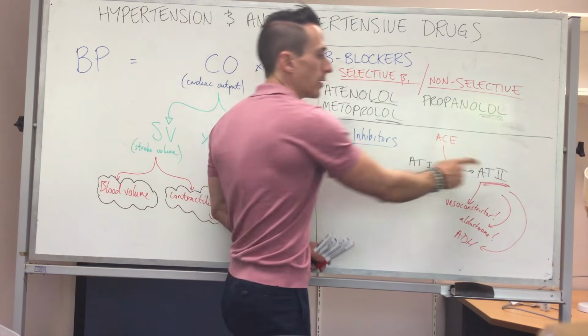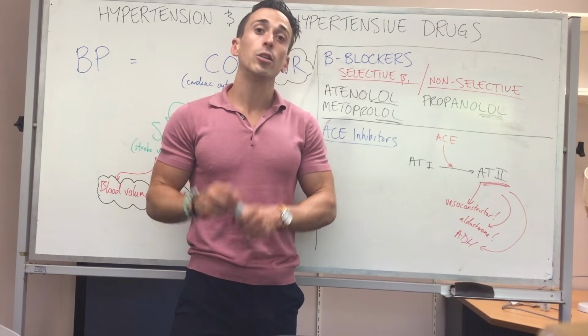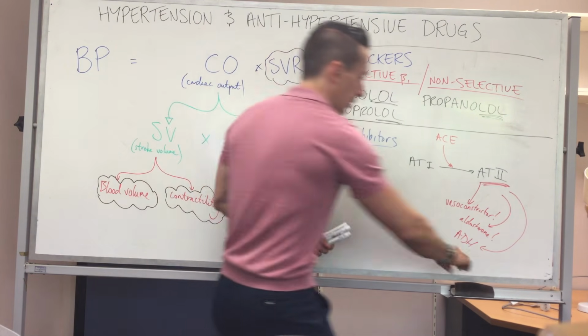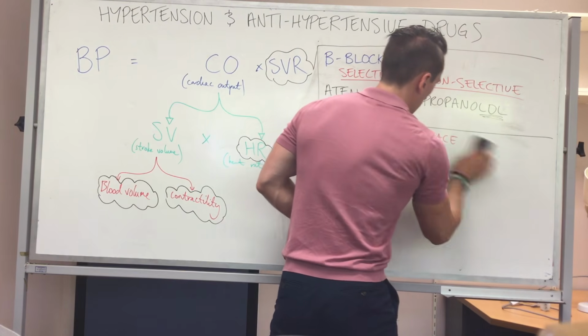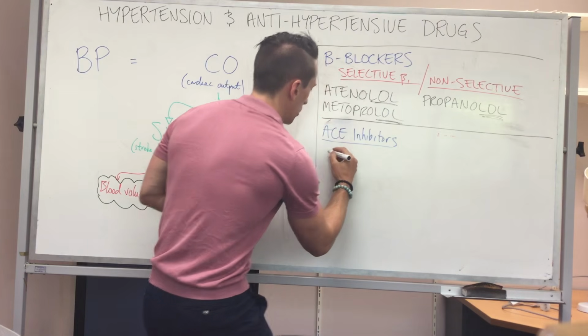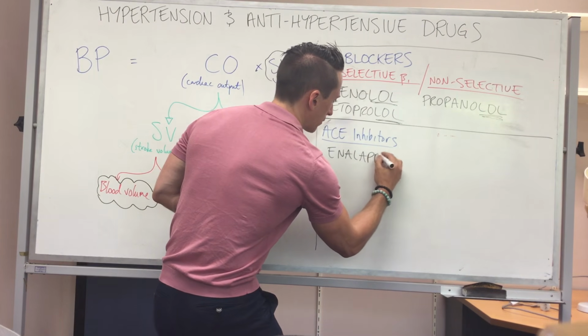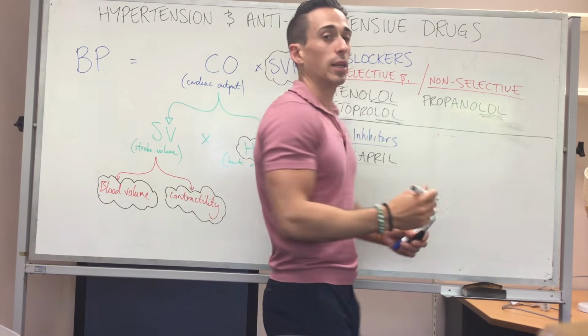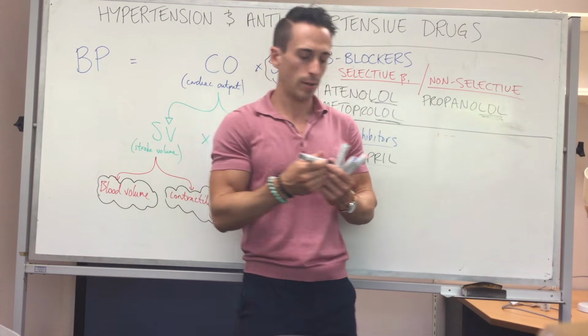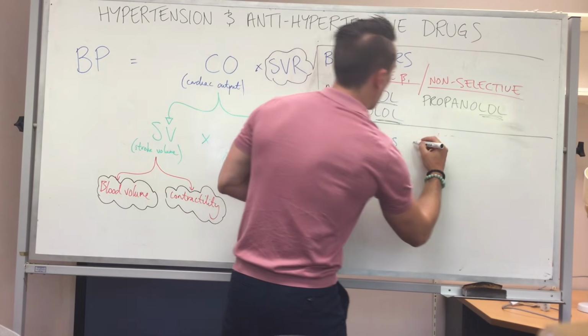Therefore, if you inhibit its production via ACE inhibitors, then you reduce blood pressure. A common medication is enalapril. Enalapril is a common ACE inhibitor. Okay, let's move on. I'll write that over here so I've got more room.